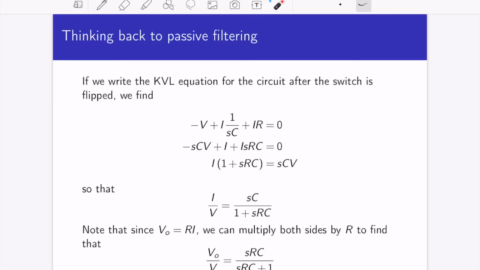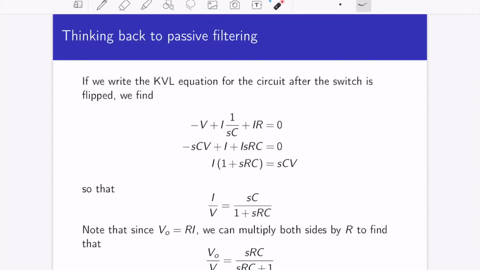We can manipulate that to find that I over V is going to be SC over 1 plus SCR. We know that V out is going to be R times I. So we can multiply both sides by R to find that V out over V is equal to SRC over SRC plus 1.